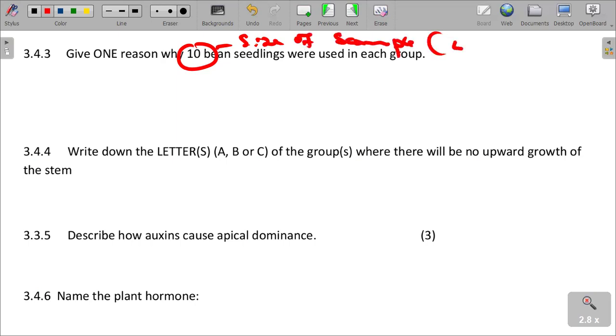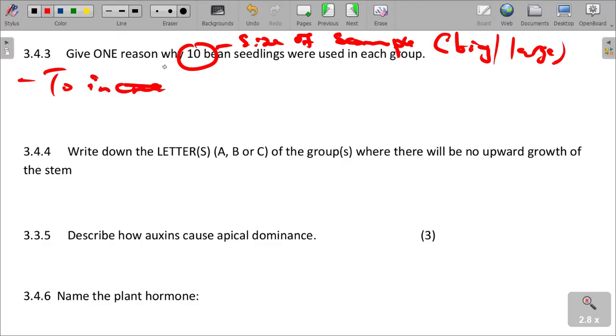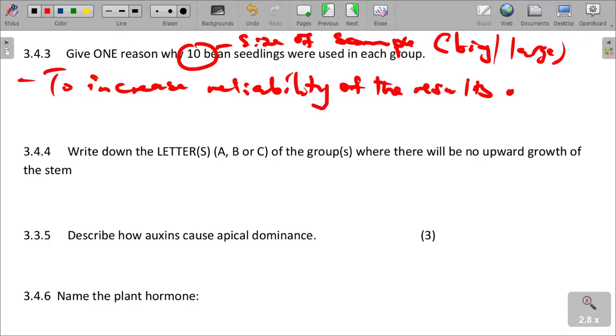So in other words, the sample was made big. Why do we have to make the sample big? Sample was made big or large enough. So why was that? This is done to increase reliability of the results of the investigation.